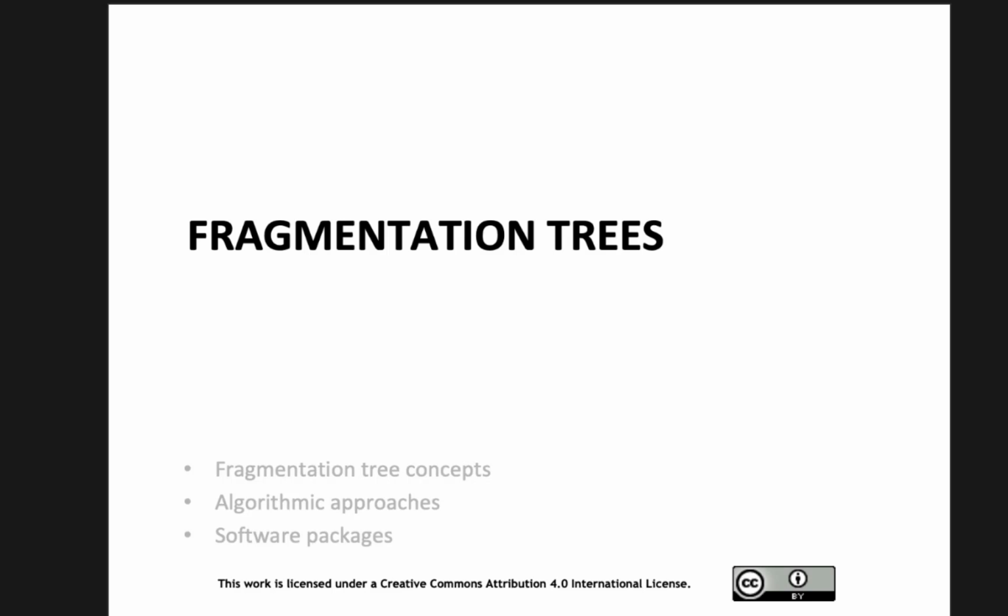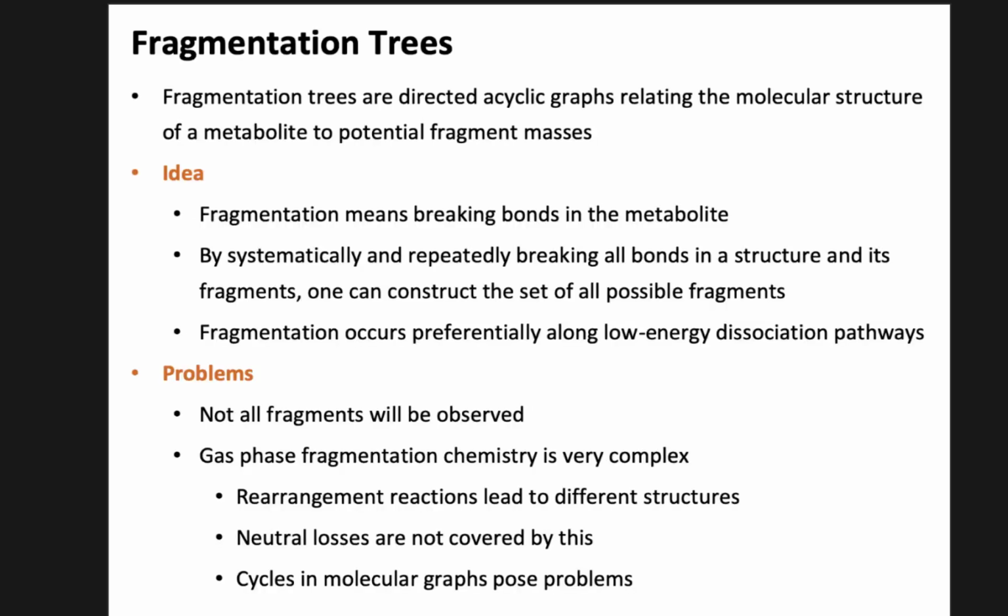If you can just predict B and Y ion series, then you're good to go in proteomics, and there's no equivalent in metabolomics. The closest, or the idea that works best, are so-called fragmentation trees.